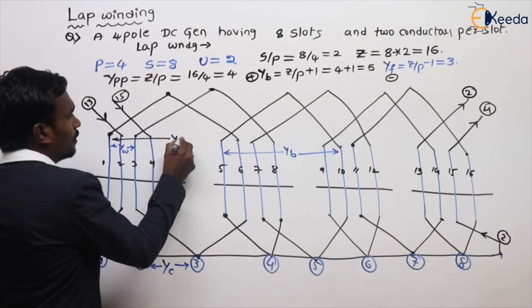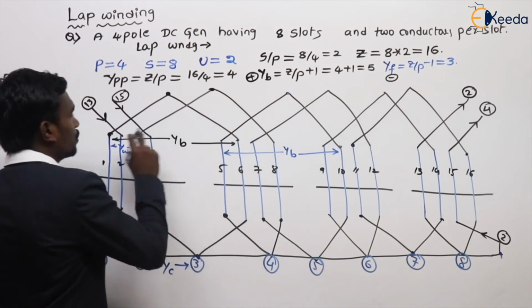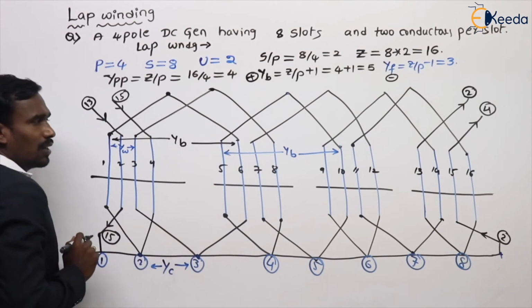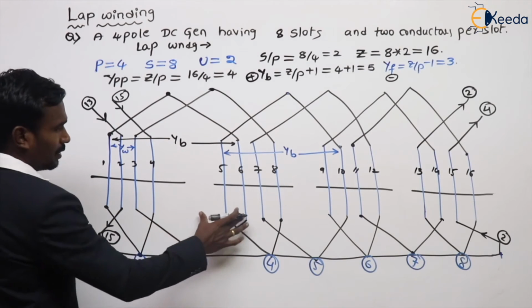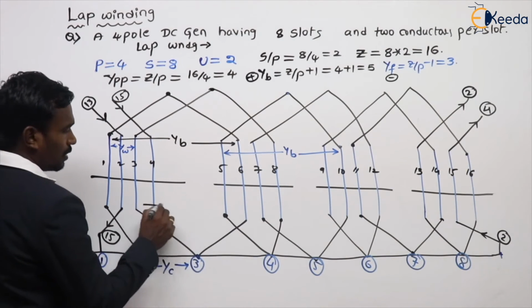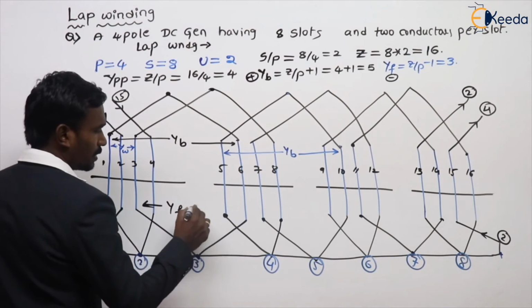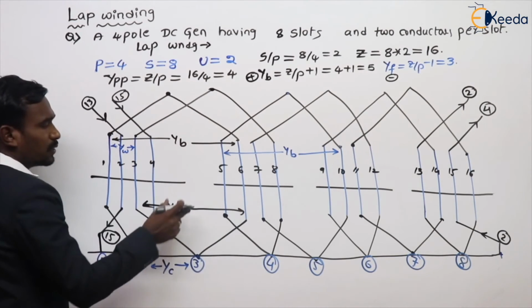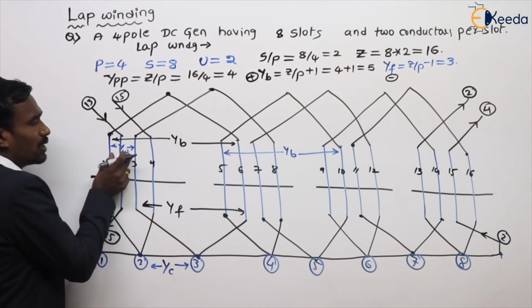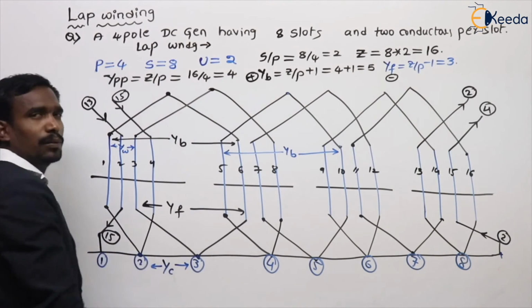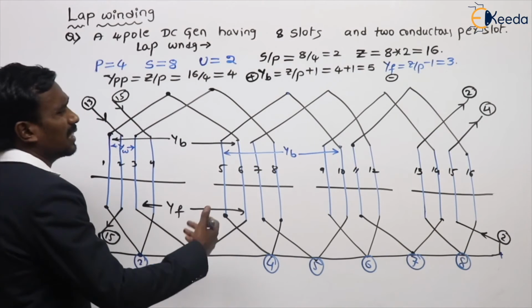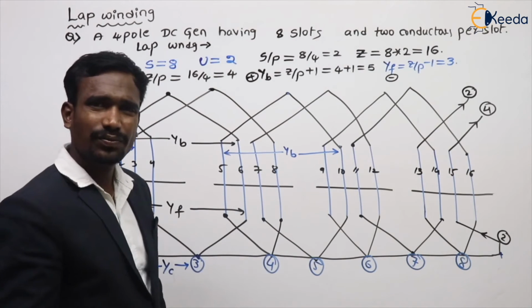This is called back pitch, because it spans two coil sides. And where is our front pitch? Generally take this coil. This is the front pitch. So back pitch minus front pitch is equal to winding pitch, or winding pitch plus front pitch is equal to back pitch. Like that we can get all.